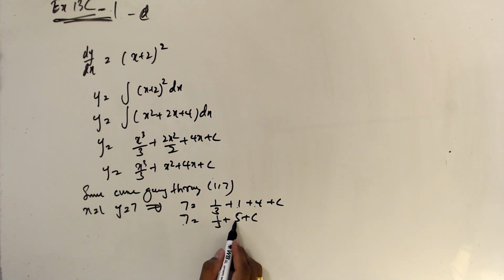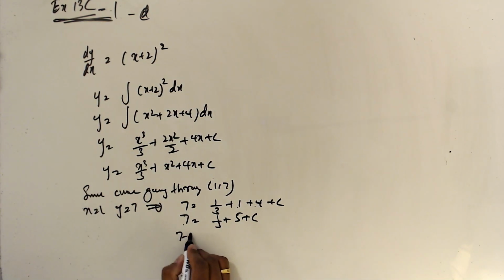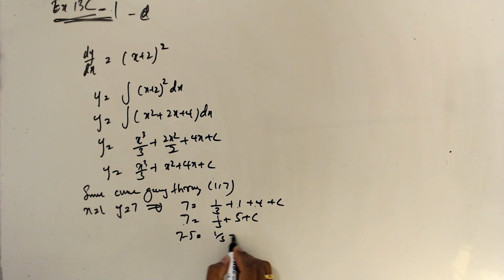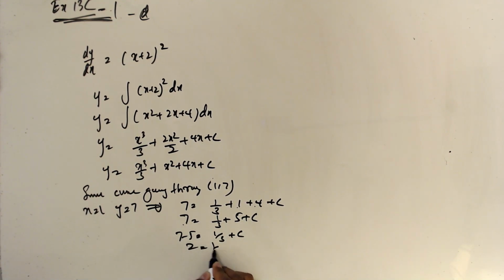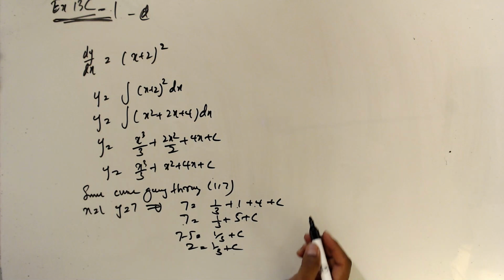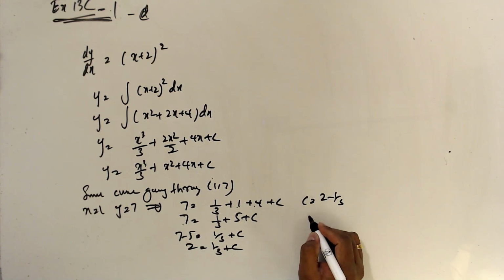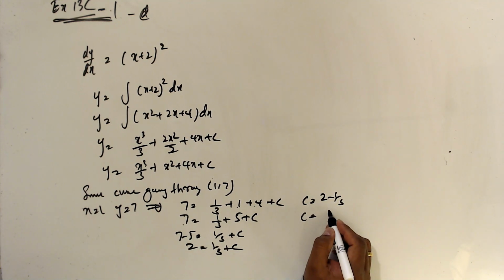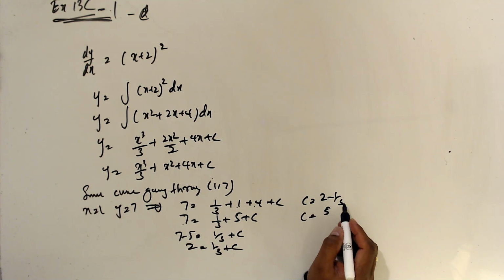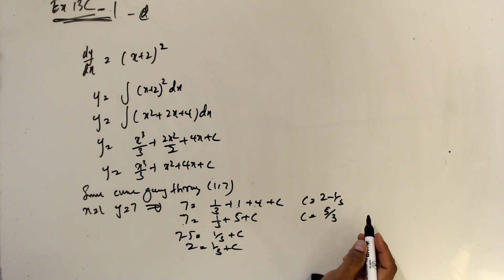I'll bring the 5 to here. So 7 minus 5 equals 1 third plus c, so 2 equals 1 third plus c. So c equals 2 minus 1 third.